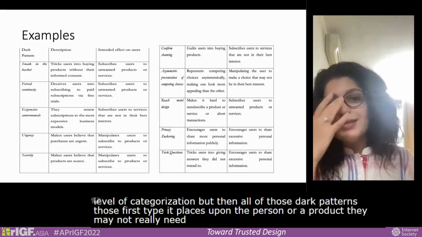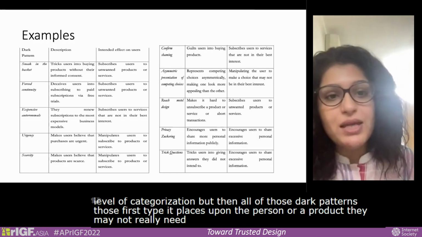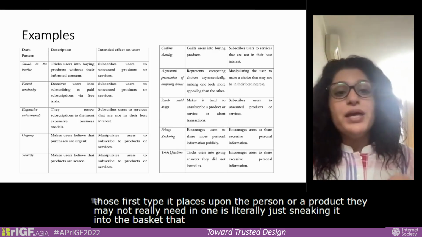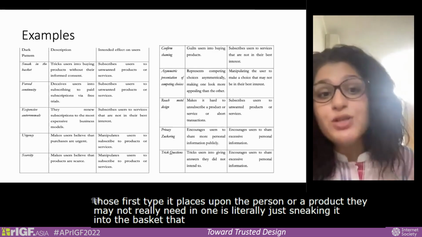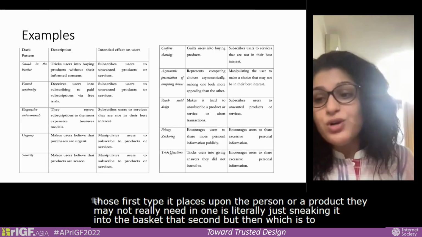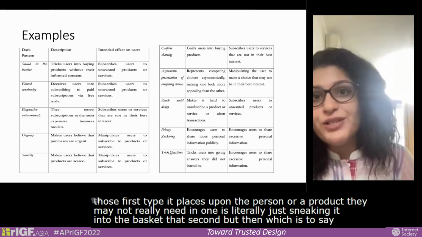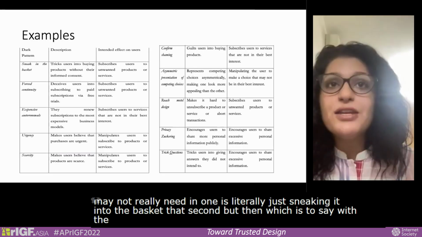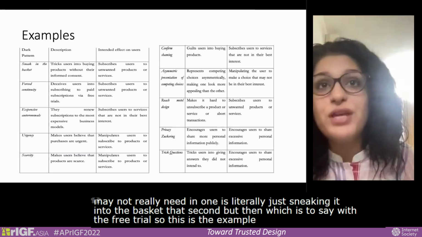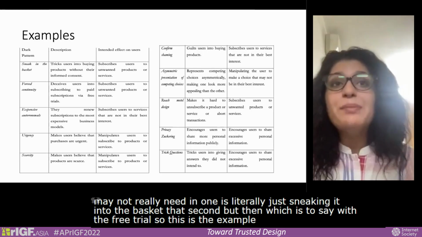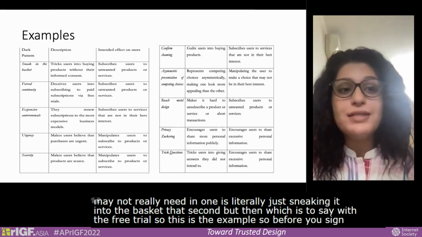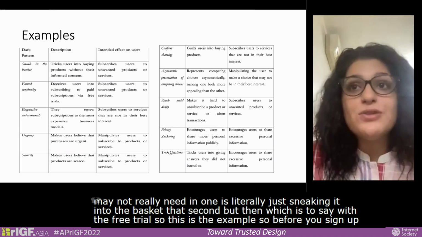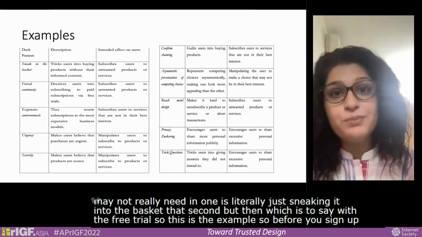Or second is what researchers are calling forced continuity, which is to say that it deceives users into subscribing to paid subscription via free trials. So this is the example, for instance, that Chandni was telling us about, that in that supermarket, before you taste a free sample, you have to share your credit card details. And what happens is that it automatically checks you into a renewed paid subscription.